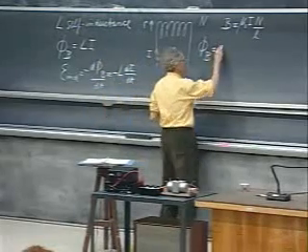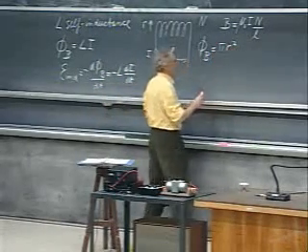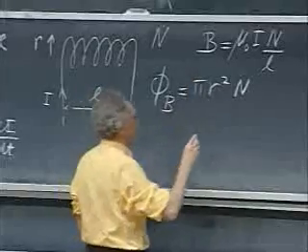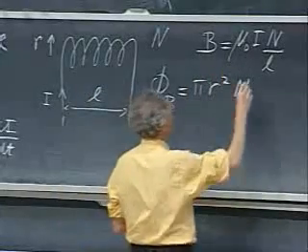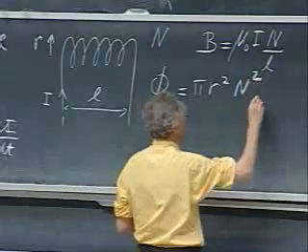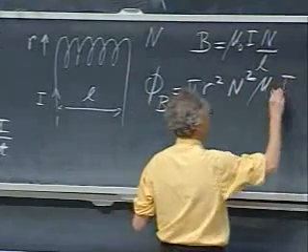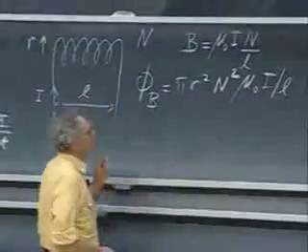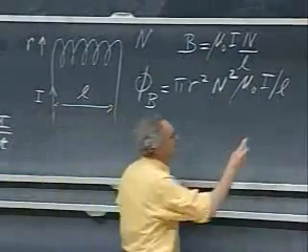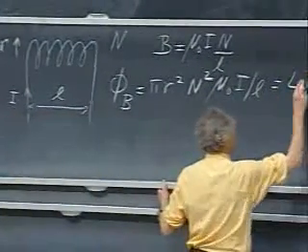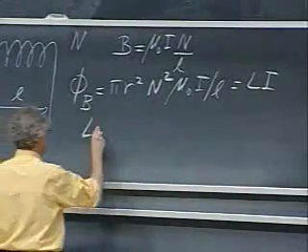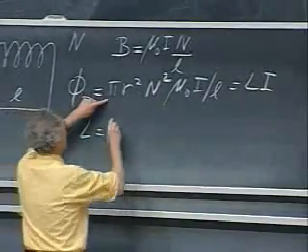So we get pi little r squared, surface area of one loop, but we have N loops, and then we have to multiply it by that constant magnetic field. So we get an N squared, because we have an N here, mu0 I divided by little l. And this we call L times I. That's our definition for self-inductance. And so the self-inductance L is purely geometry.